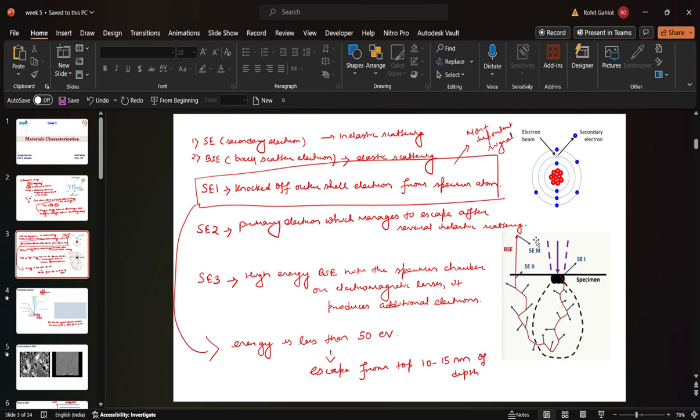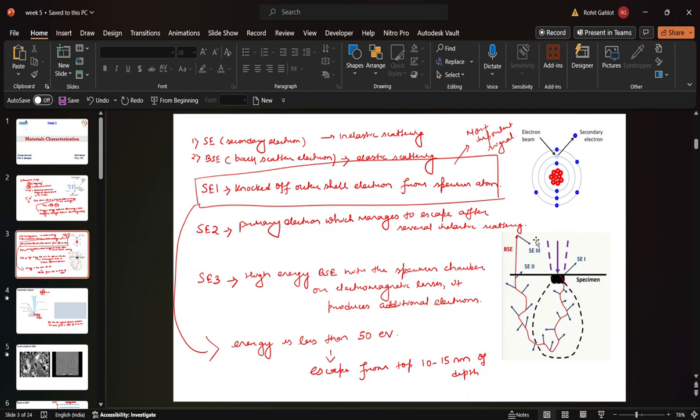Also, if we see the resolution of the SEM and compare these signals, SE1, SE2 and SE3, at lower voltages you are able to see much better morphological characteristics. However, at higher voltages SE2 and SE3 hamper these, so there is a need to balance or optimize these voltages, and it also depends on the operator.